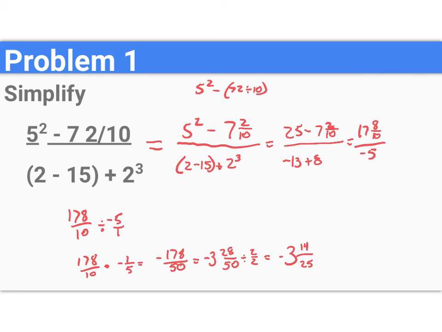And then if you divided it by 5, you would have gotten 3.56. So you could have left it as decimal or as a fraction, and there are several ways to do this. But make sure when you're dealing with fractions, you convert it into an improper fraction first before you do any calculations. That would be my suggestion, so you don't make any mistakes.